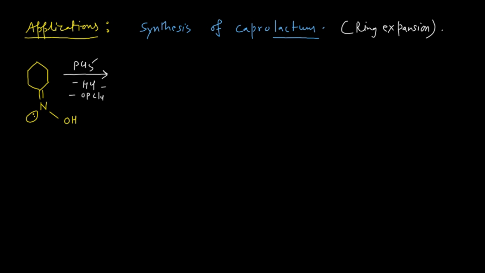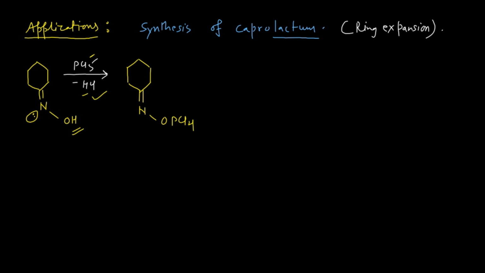I am not removing OPCl4 yet, I will remove this in the next part so that you can have a better understanding. So this is nitrogen here, and this will convert into OPCl4, right? And HCl has been removed, one of the H from here and one of the Cl, minus HCl it will remove. Now you are left with the PCl4, this will connect here.